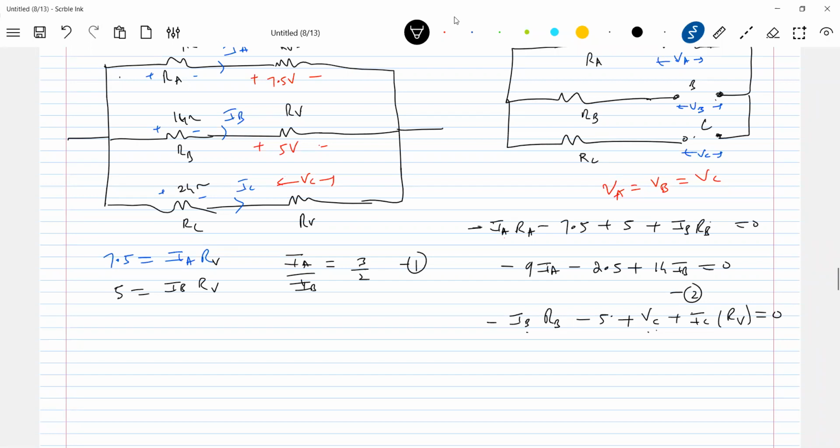One more thing we can write: VC is equal to IC into RV. Substitute the RV value here. RV is 1.